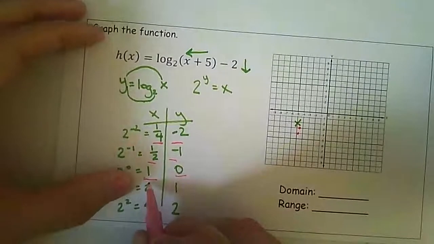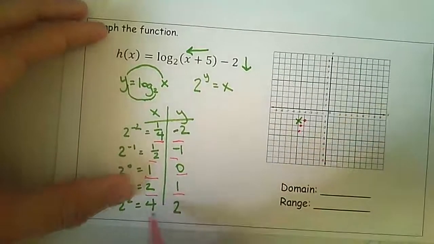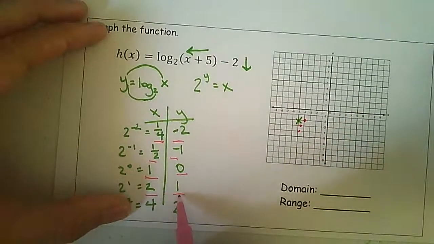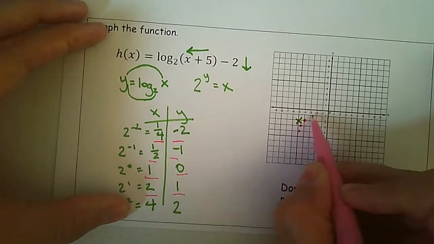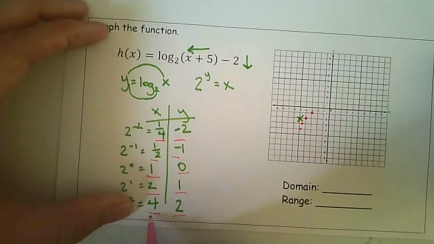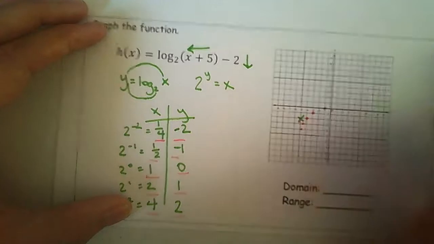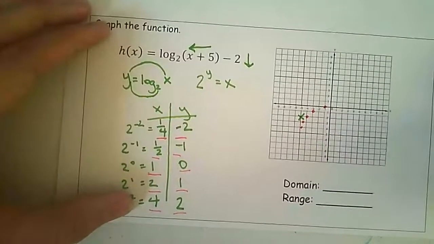This one, I'm going right 1, but I'm not going up or down at all. Need to go right 2, up 1, because this is positive. So from my origin, right 2, up 1. And lastly, I need to go right 4, up 2. Let's just set that point right there.